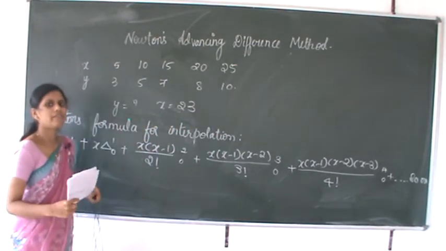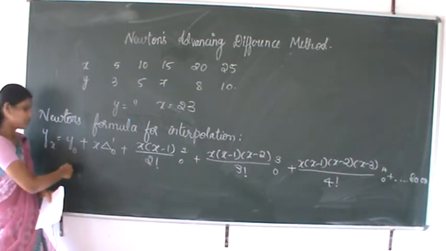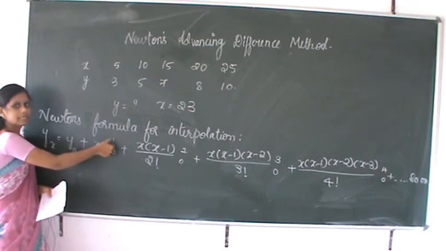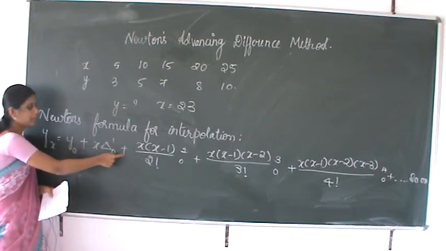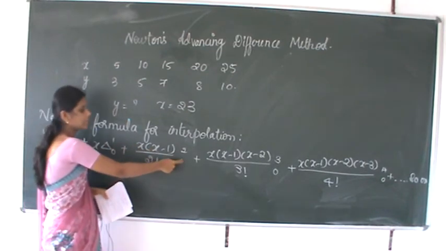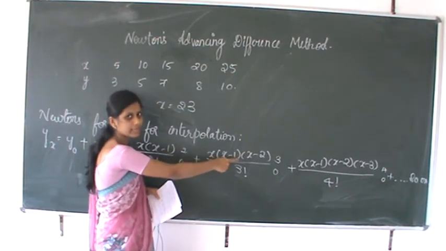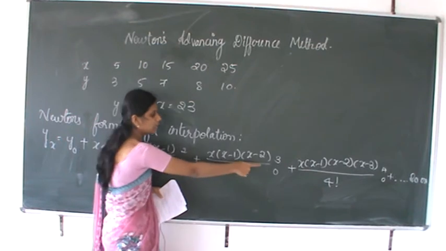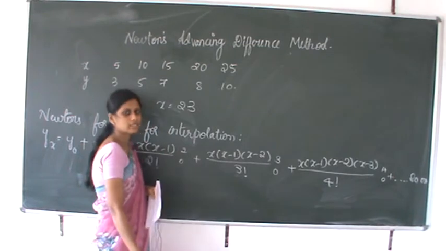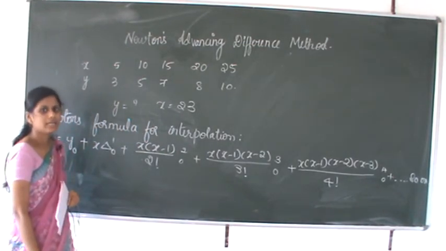How many values of y are known? Depending on that, this formula will be derived. So, yx is equal to y0 plus x times the first leading difference, that is delta 0 raised to 1, plus x into x minus 1 divided by 2 factorial, second leading difference, plus x into x minus 1 into x minus 2 divided by 3 factorial, third leading difference, plus x into x minus 1 into x minus 2 into x minus 3 divided by 4 factorial, fourth leading difference, and so on.